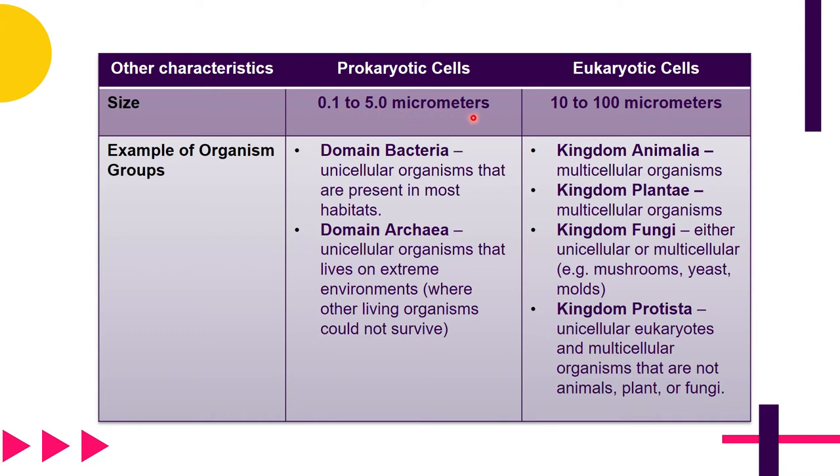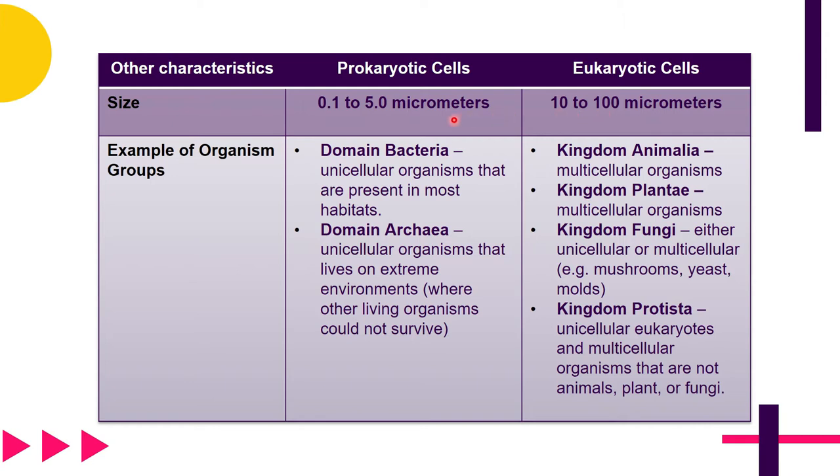This unit of measurement is much smaller than millimeters. In exponent form, that would be 10 raised to the power of negative 6. And then we also have eukaryotic cells. Their size ranges between 10 to 100 micrometers. Okay?